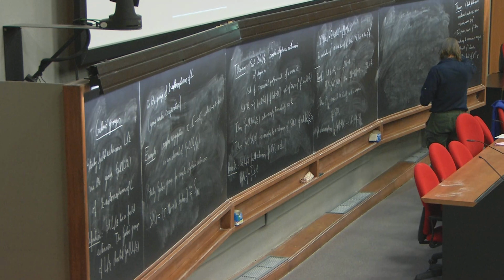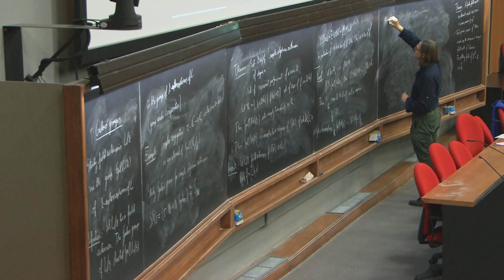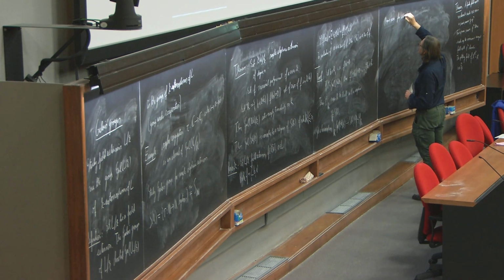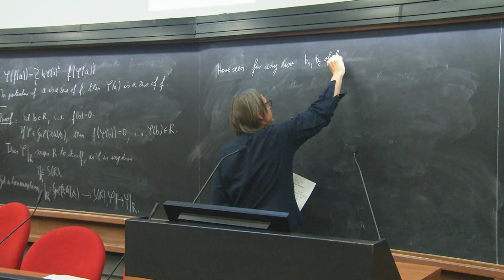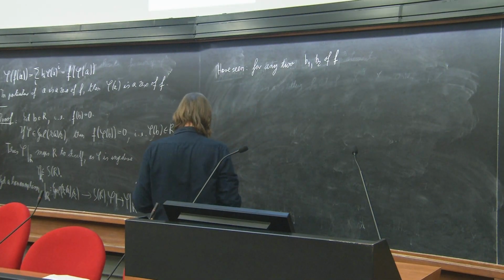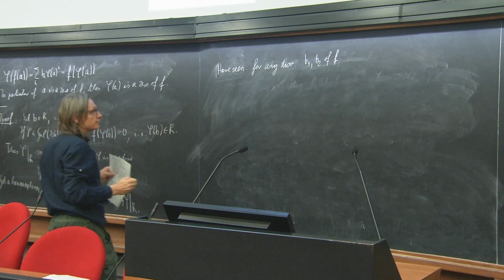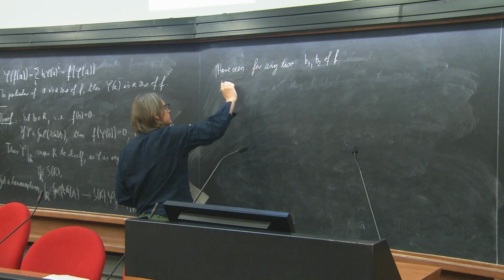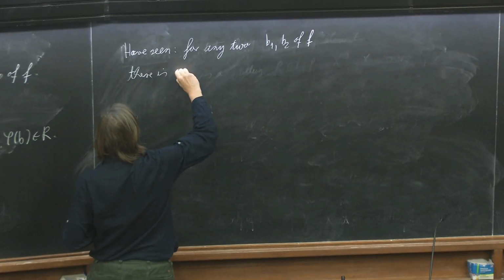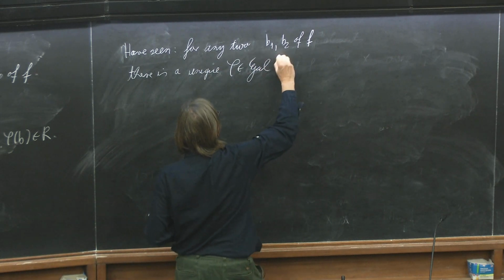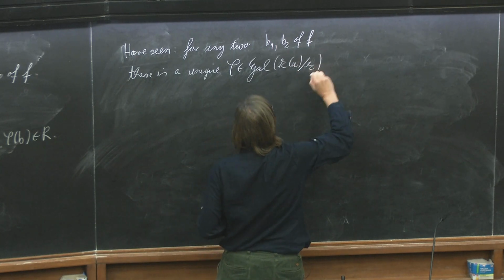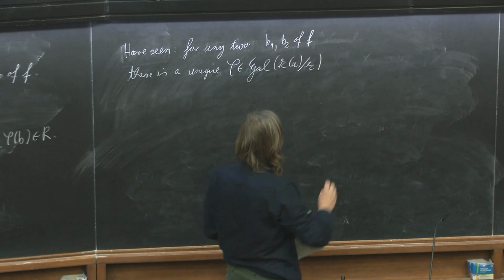You've seen that for any two roots, say P1 and P2 of F, there exists a unique element in the Galois group which sends P1 to P2.